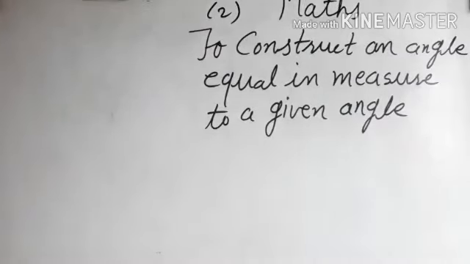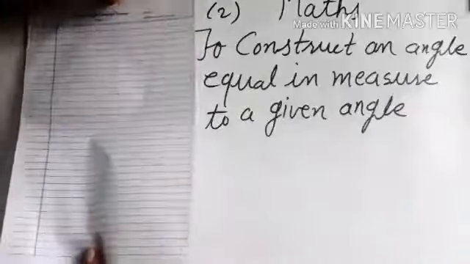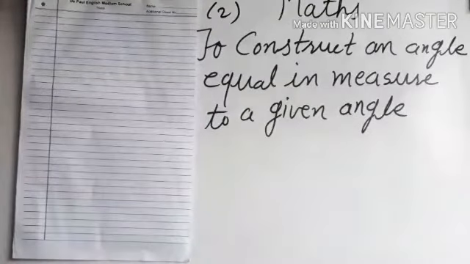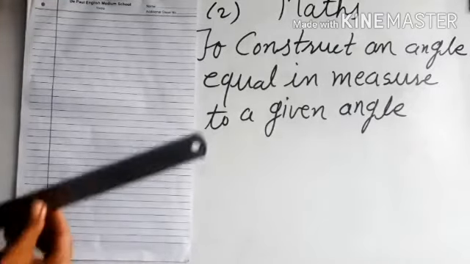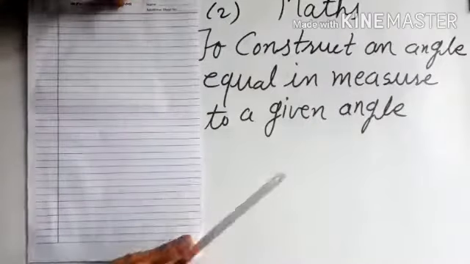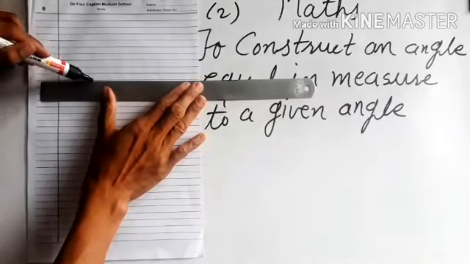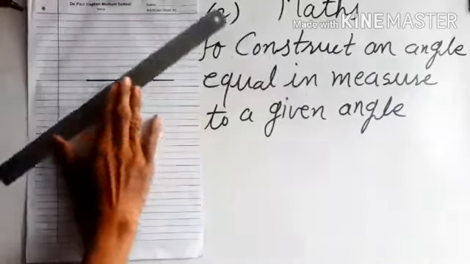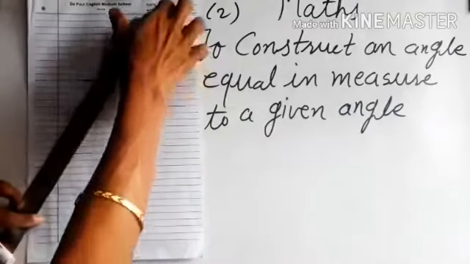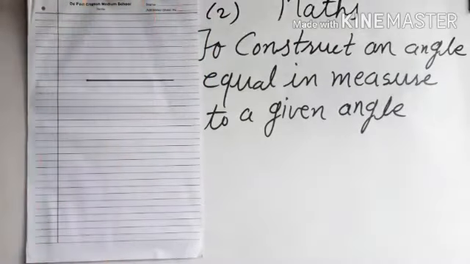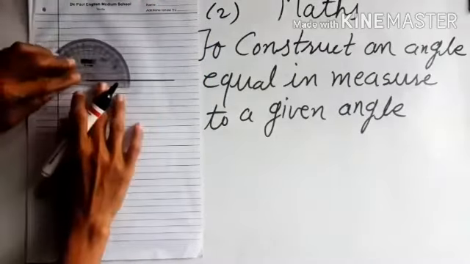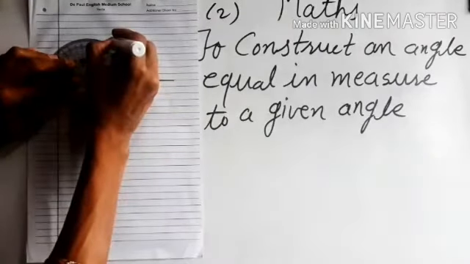For this, one angle will be given to you. Suppose one angle is given, let's draw one acute angle of 60 degrees.